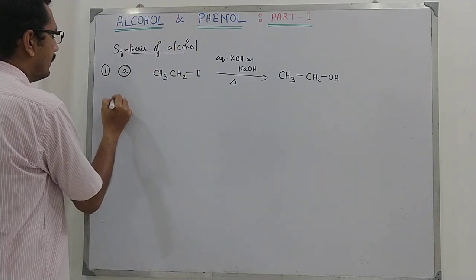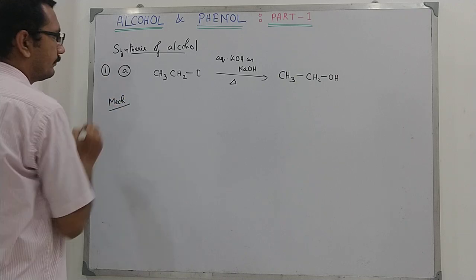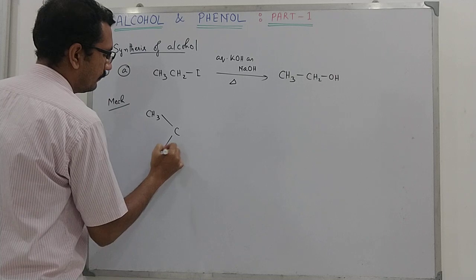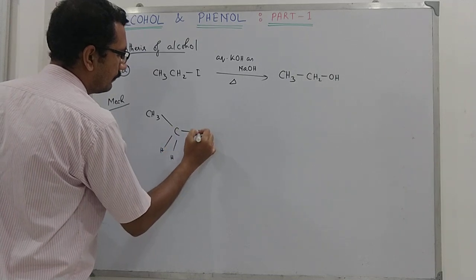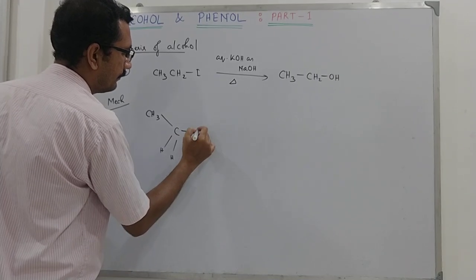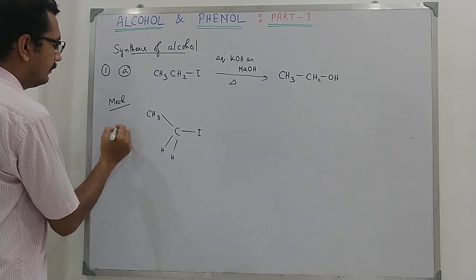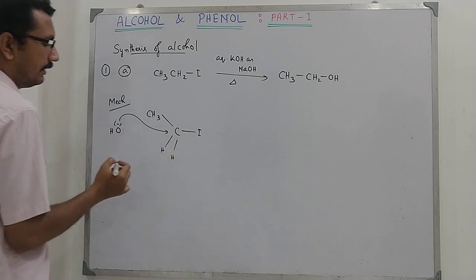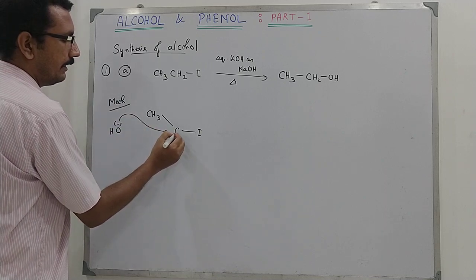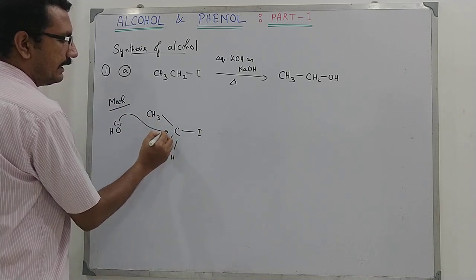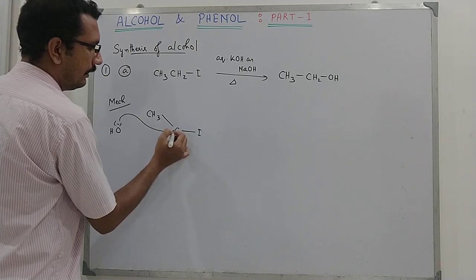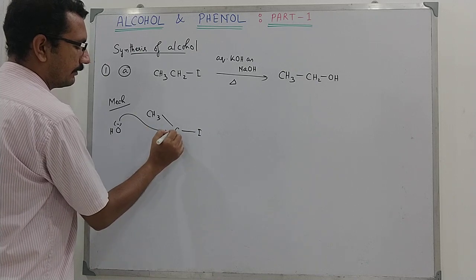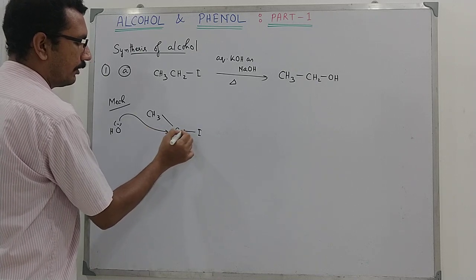Now the mechanism for this reaction is this: this is the ethyl iodide and this OH minus will carry out nucleophilic substitution after having a backside attack, since the antibonding of this bonding molecular orbital is present in this position. It is anti to this bond.